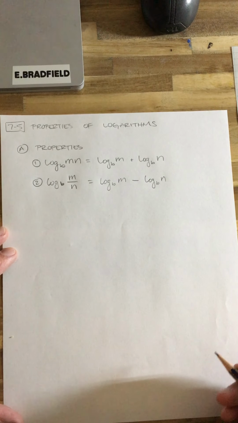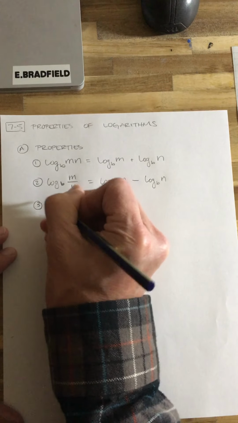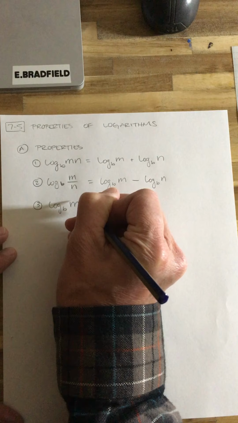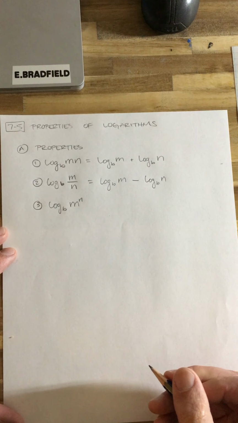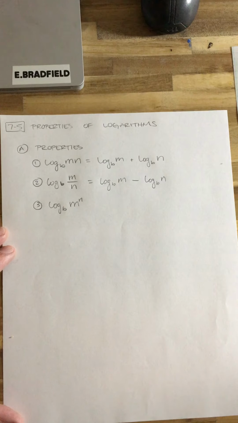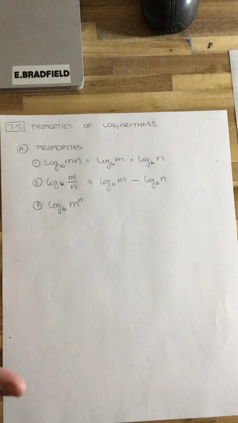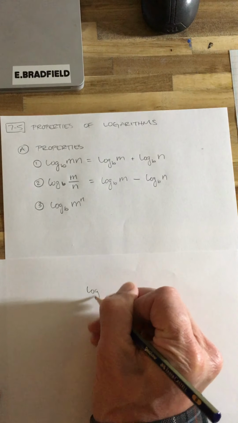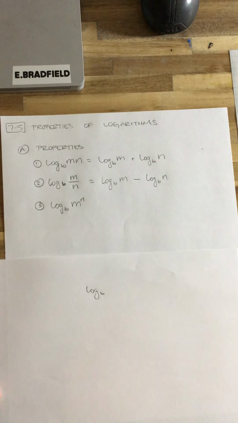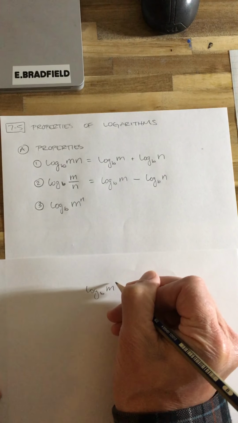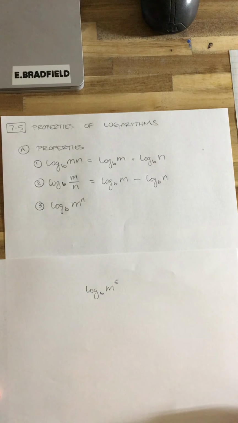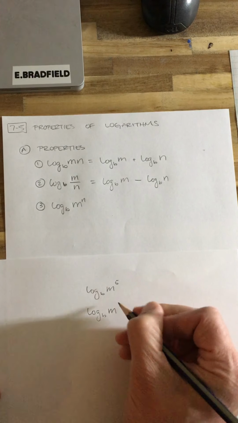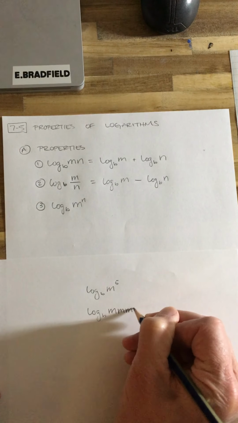And finally, we have a third property that says the log base b of m to the nth power. Let me show you something really quick. If I have the log base b, for instance, of m to the fifth power, wouldn't that be the same thing as the log base b of m times m times m times m times m?